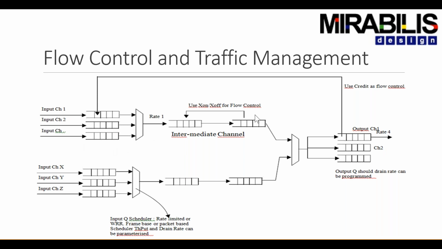They get muxed in, and they go into a single set of XON/XOFF, so the intermediate channel then feeds into another mux that goes into a single set of egress channels. Now, the key thing here is to maintain a credit as the flow control between the egress and the ingress, to ensure that the drain time is always equal to or greater than the input time. So the rate limit is really based on a weighted round robin architecture.